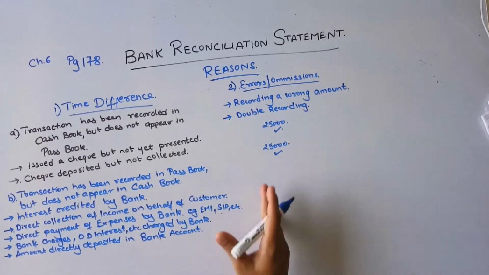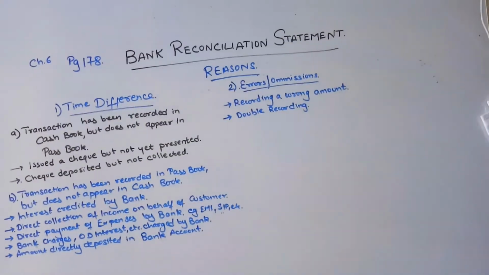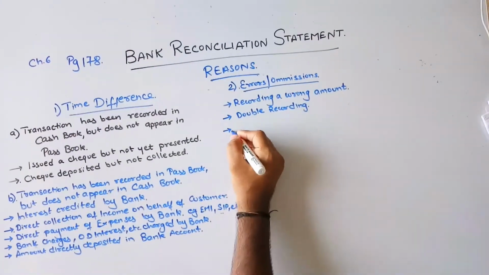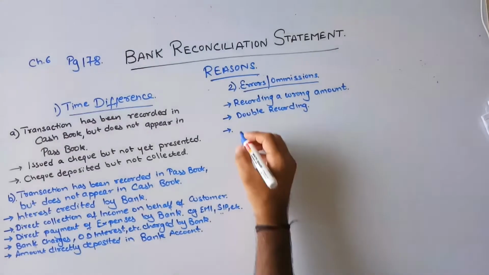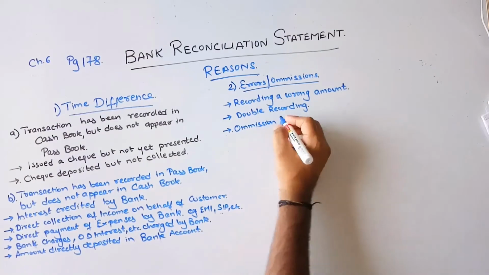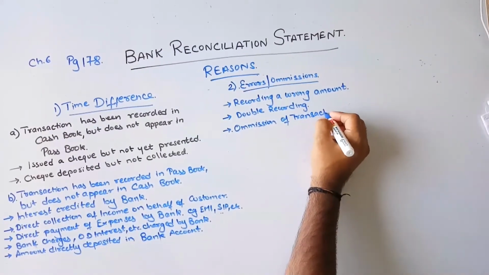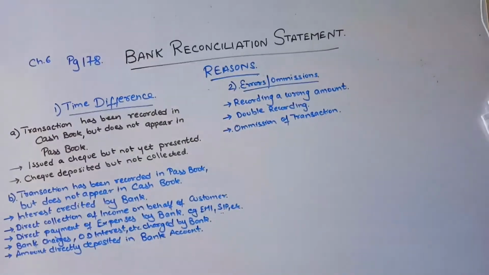This will also lead to a difference in your balance as per the cash book and passbook. Then you have a complete omission of a transaction. You have completely forgotten to record the transaction in your books. Neither you recorded nor your accountant, both of you didn't record, and the check clearly went through your bank account. So that is known as omission of a transaction.